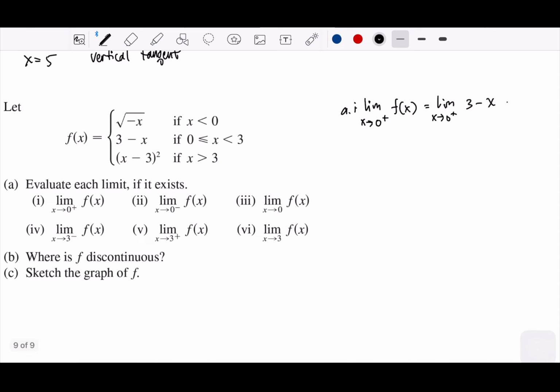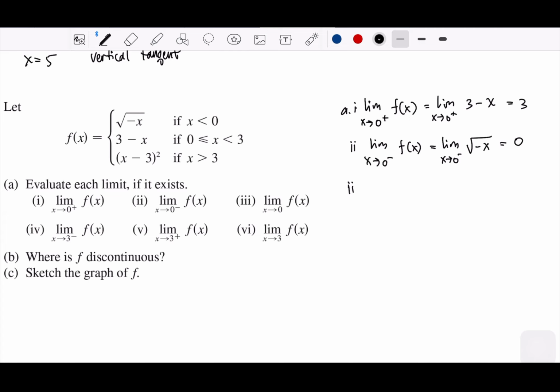So we have 3. And then the limit at 0 from the left will be the square root of negative x, which means it's 0.